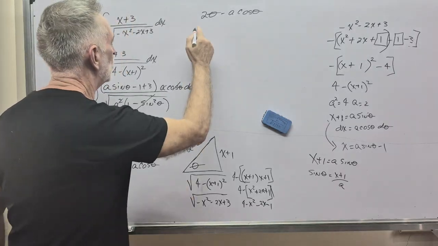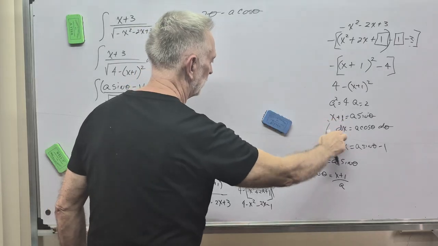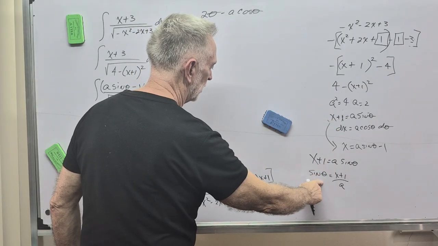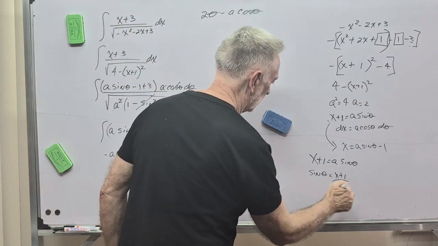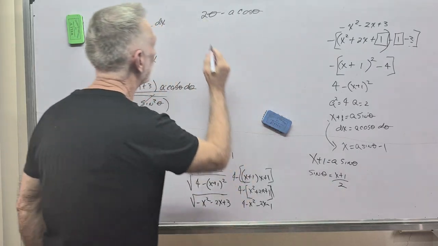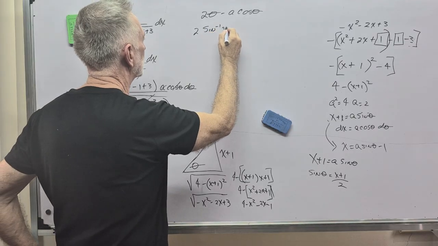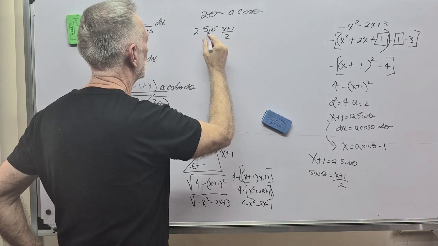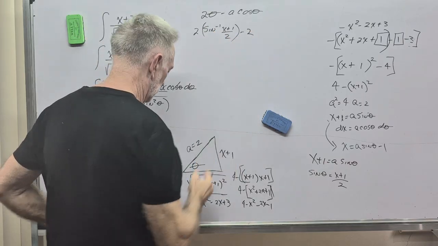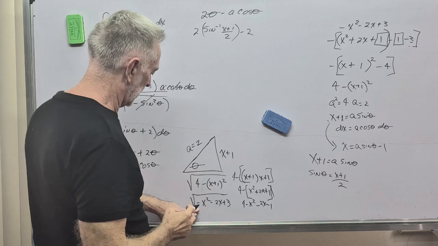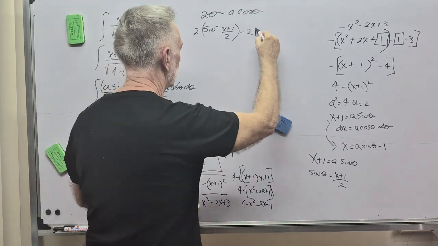All right, so theta is sine inverse of x plus 1 over a. A was 2. Let's write it here. So I have 2 times sine inverse x plus 1 over 2, minus a, which was 2, times cosine theta. Cosine is this term over the hypotenuse.